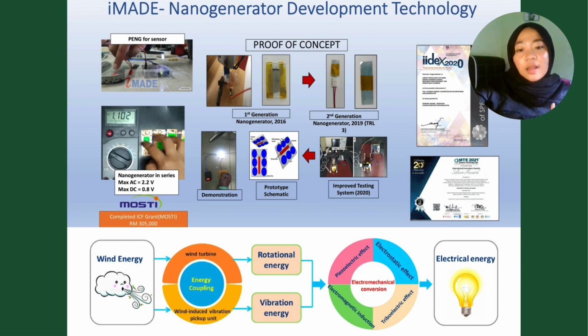Then vibration energy and rotational energy will produce electromechanical conversion that can generate electrical energy. So the function of the nano generator is to harvest wind energy and convert it to electrical energy.